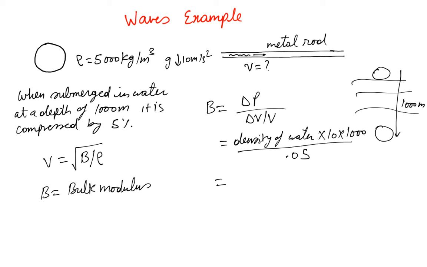What do we get? Now we know the density of water is 1000 kilogram per meter cube. If you do not remember it, it's good to memorize that the density of water is 1000 kilogram per meter cube, multiplied by 10 multiplied by 1000 divided by 0.05, and that gives us 10 divided by 5 multiplied by 10 to the power 8, which is 2 multiplied by 10 power 8.